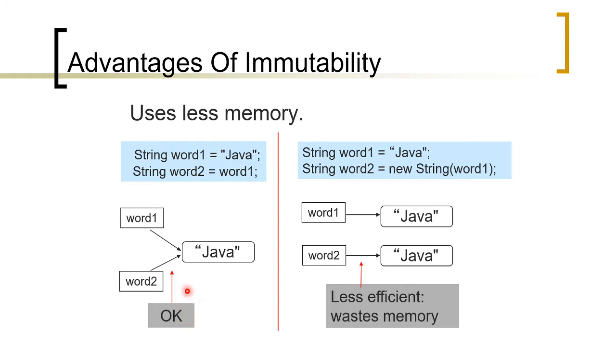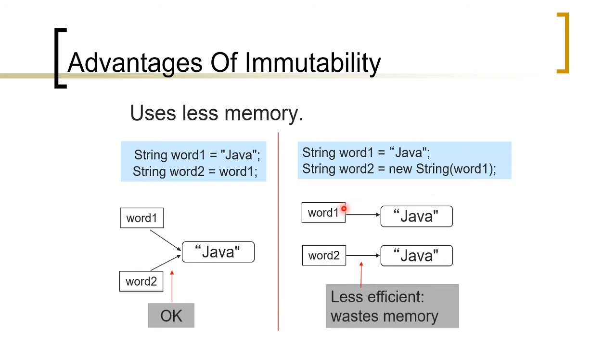It uses less memory. We have another one, where word 1 equals the Java string literal, and then word 2 uses the new keyword, and the parameter of it is word 1. In this case, if we are using the new keyword, you are actually creating a new string object with the text assigned to word 1.